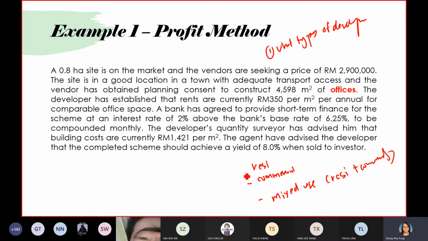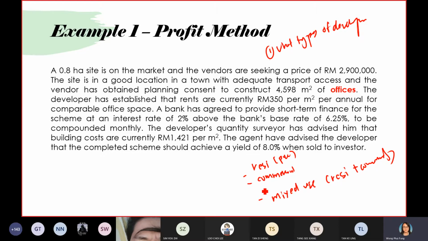So if you are proposing these three different things, the appraisal will be different. Again, this one also will send you to Holland. I repeat again. You have to figure out your project is what type of development. Residential means pure residential only. Second one is commercial.